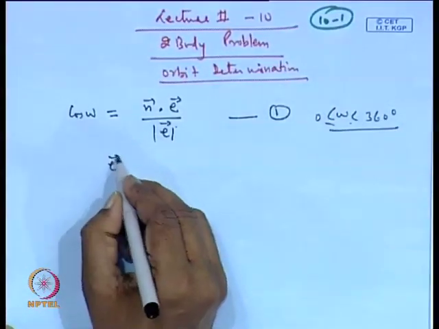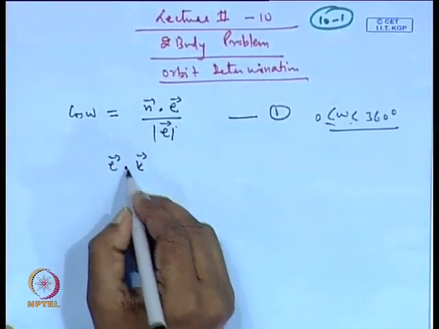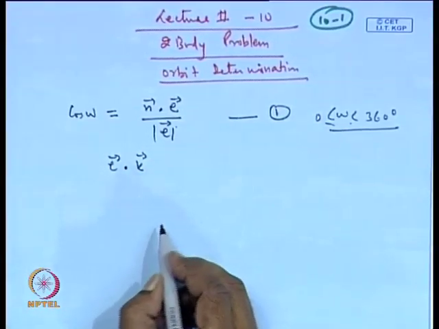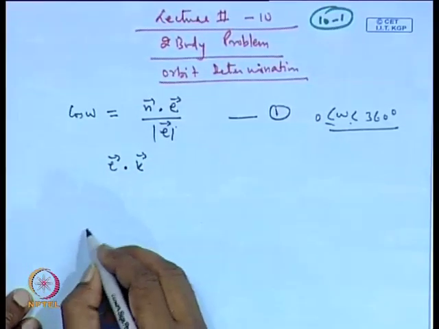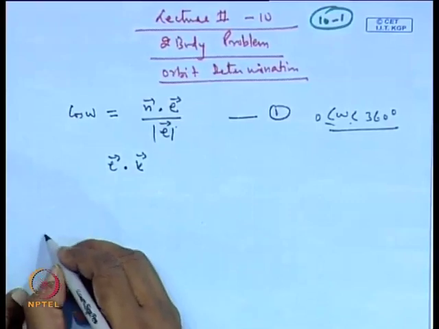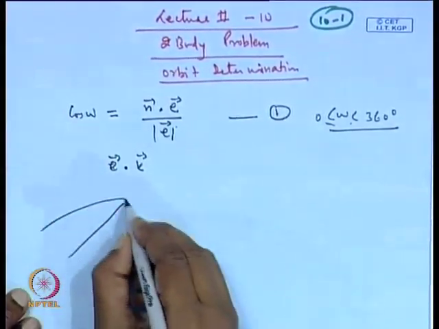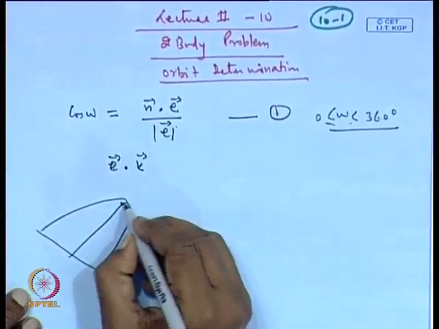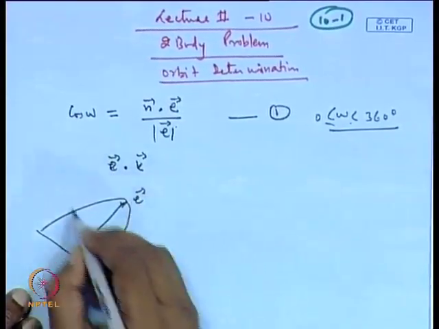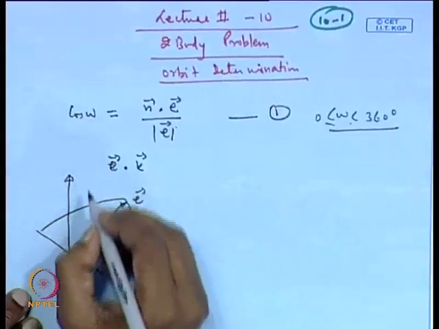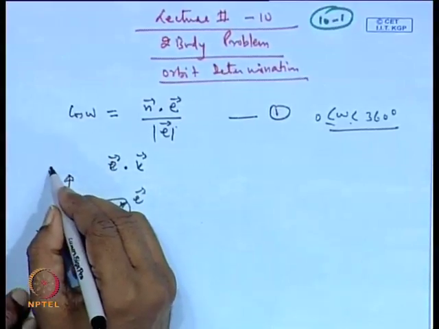For resolving this, we took the dot product of the E vector and the k vector. We had the E vector lying in the plane of the orbit like this. So, this is the E vector and the k vector was along the z direction.